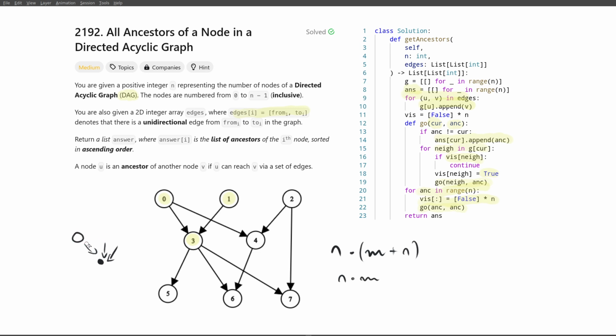So we have the answer calculated for all those vertices. And in that case, the ancestors of this node are all those vertices and all the ancestors of all those vertices. So I can use that fact to solve this problem and maybe drop this n times m factor. But it's really not necessary.